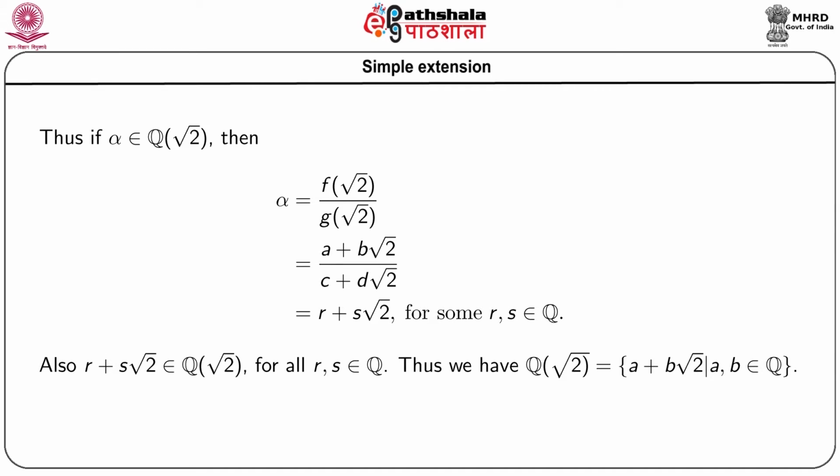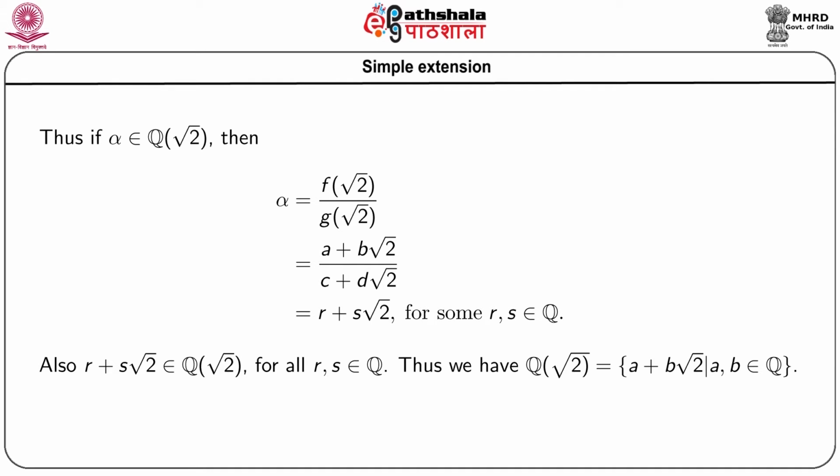Thus, if alpha is an arbitrary element of Q(root 2), then rationalizing (a plus b root 2) by (c plus d root 2), we get alpha in the form r plus s root 2 for some rational numbers r and s.